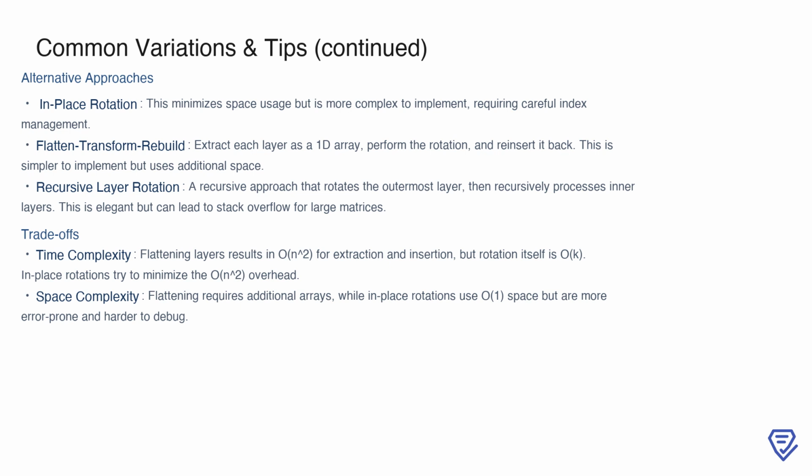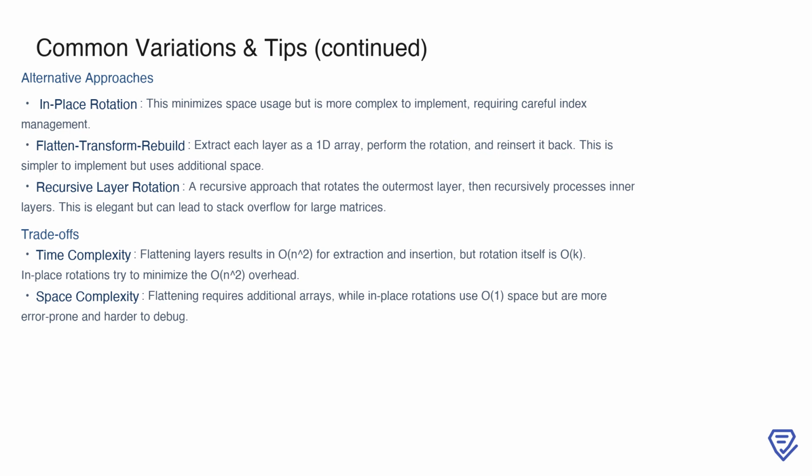A third option is recursive layer rotation, where you first rotate the outermost layer and then recursively process the inner layers. While this approach can be elegant, it risks stack overflow for larger matrices and can be harder to manage in practice. In terms of trade-offs, flattening layers generally involves an O(n²) time complexity for extraction and reinsertion, while the actual rotation is O(k).